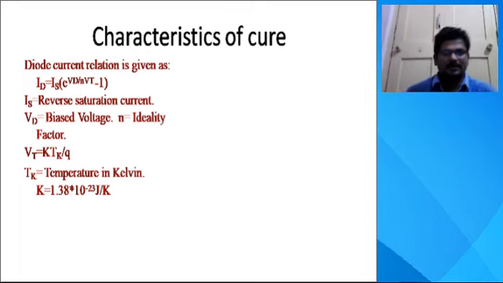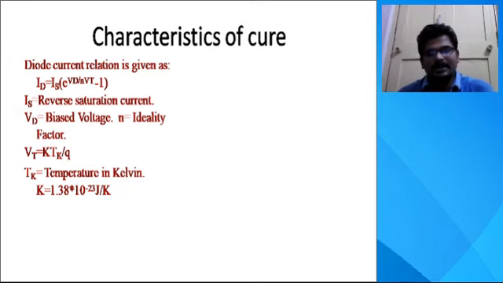See, these are all the parameters of the diode current. ID is Is into e power Vd divided by eta into Vt, minus 1. Here Is is the reverse saturation current, that is a negative current. Reverse saturation current means the current due to the minority carriers. And Vd is the bias voltage, the DC bias voltage that we apply across the P and N type semiconductors.